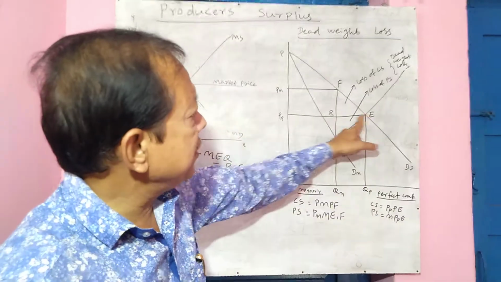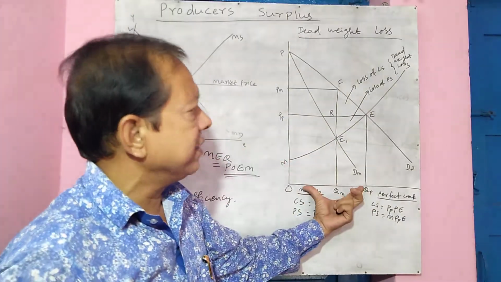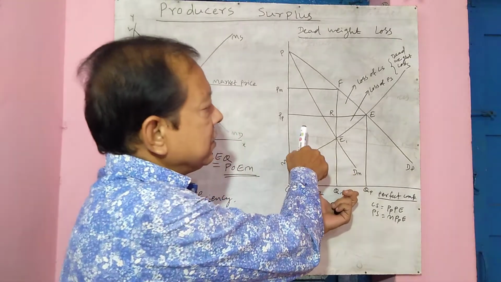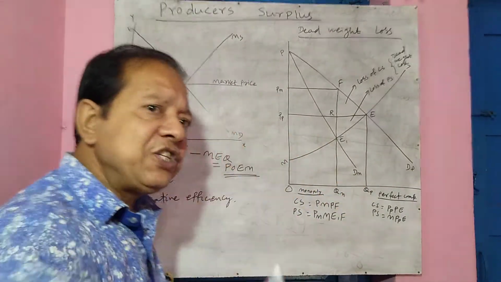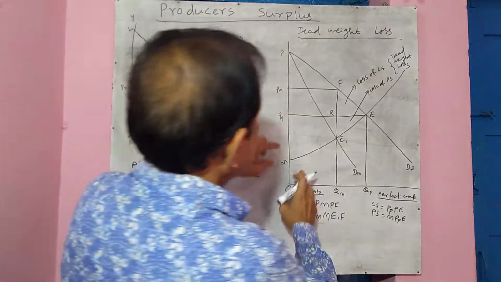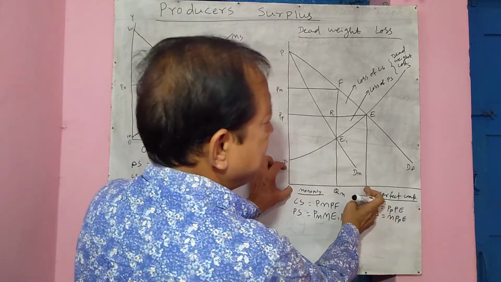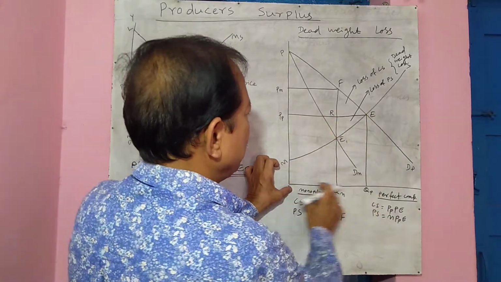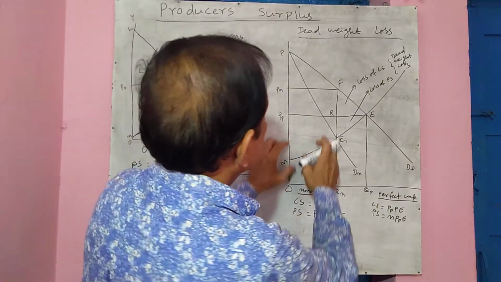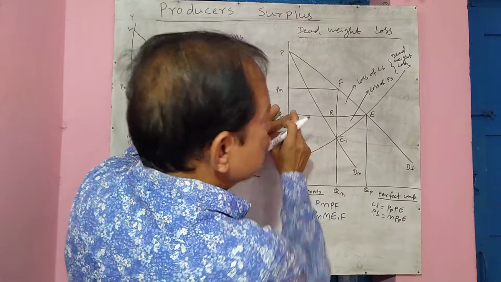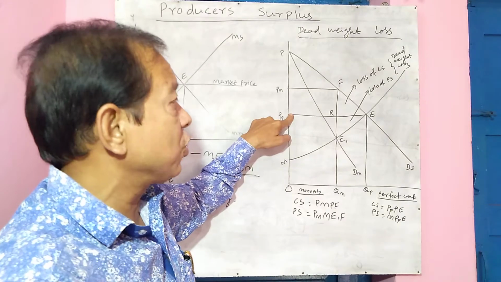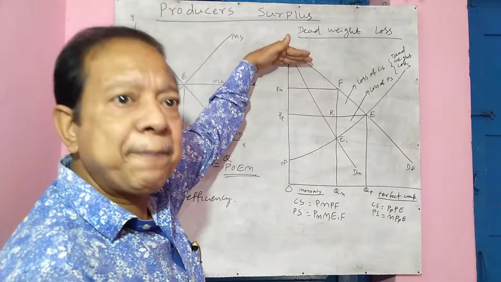Now here, if this is the price and this is the demand, looking at this diagram you can imagine what is the consumer surplus and what is the producer surplus under perfect competition. Now see, if this is the price and this is the quantity demanded, then this is the total revenue of the producer. Now therefore, the consumers will get some extra benefit or extra satisfaction or extra surplus over and above what price they pay for that.